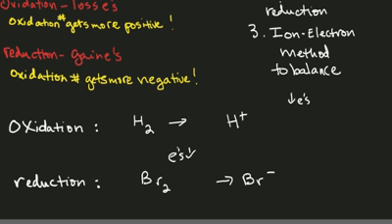So let's make it happen. What was the first step? The first step was to balance the elements that weren't hydrogen or oxygen. So if we were to do that, this is a 2, so this must be 2. This is a hydrogen, so we don't mess with that yet. The next thing we do is balance the oxygens.